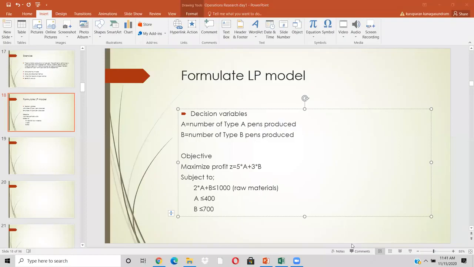Additionally, if our company has a rule that we have to produce at least 100 type A pens, in that case, what will be the constraint?